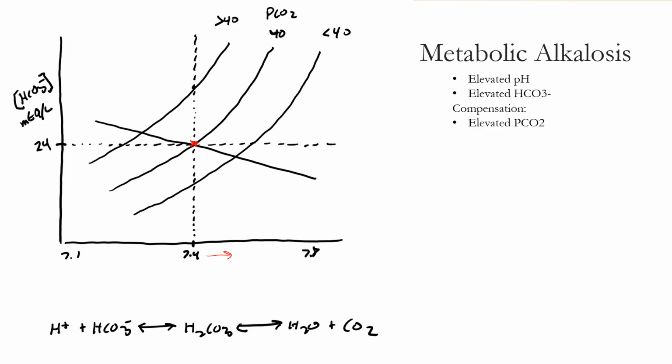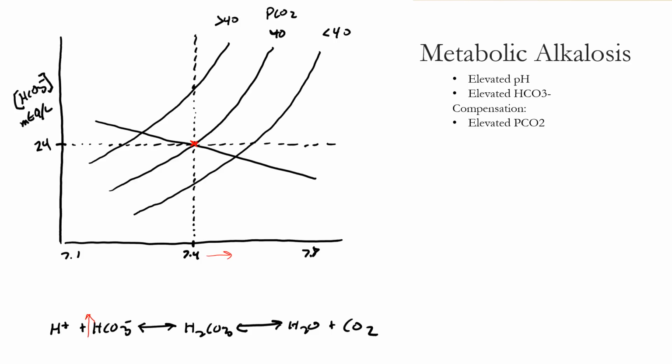In alkalosis, we end up with essentially more bicarb, where there's a drop in the amount of protons we have. Like for example, in vomiting, we get rid of excess acid, but we're leaving behind bicarb in our blood, so our bicarb level can be elevated. Or they could be ingesting something that is very alkaline, which is increasing their bicarb concentrations.